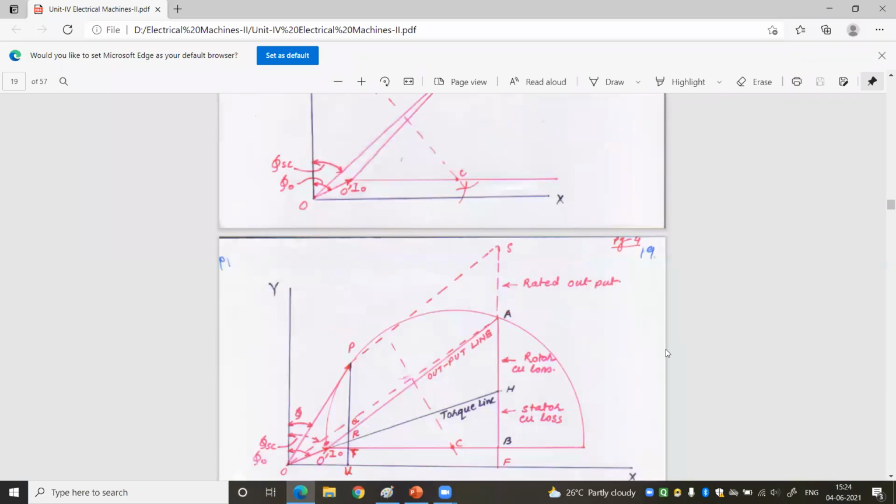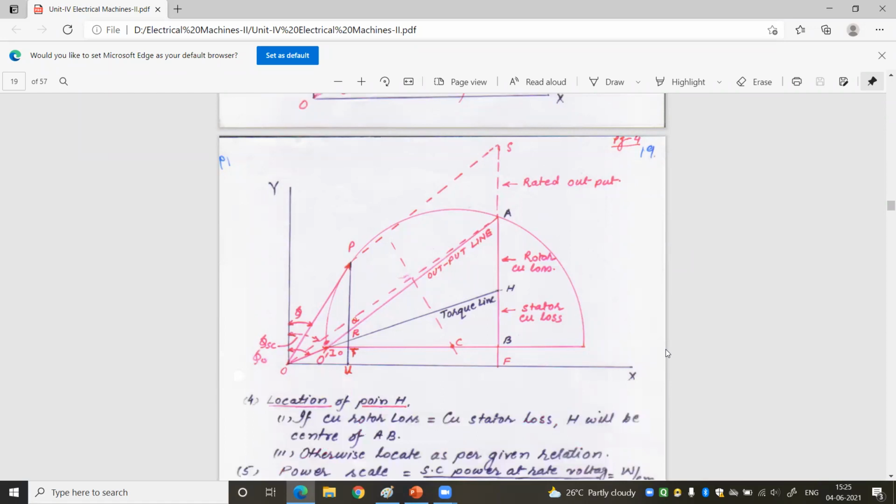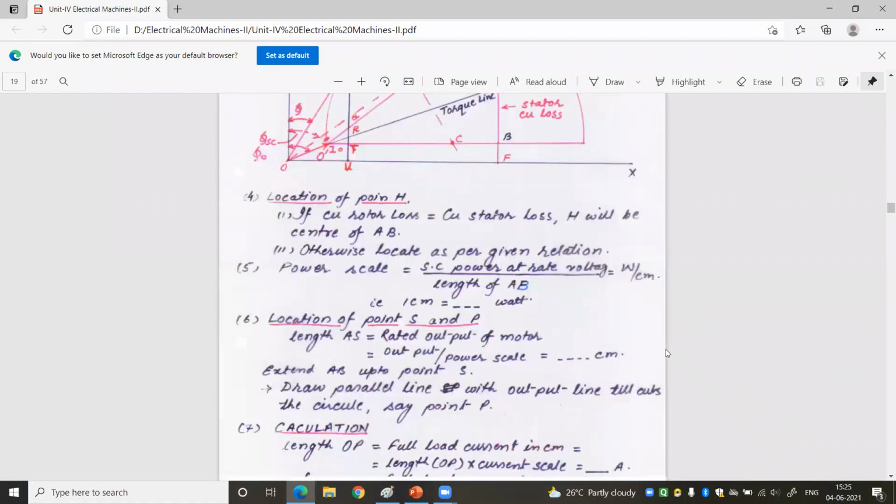Whatever output is given in the numerical or on the nameplate can be converted into centimeters. Or you can locate the point P if the full load current is given on the nameplate or in the numericals.